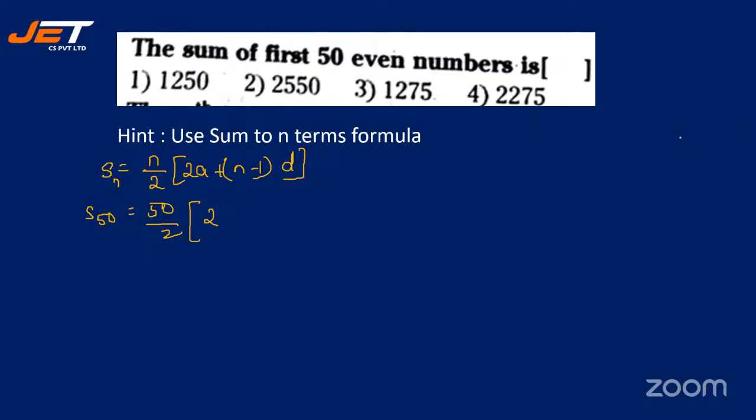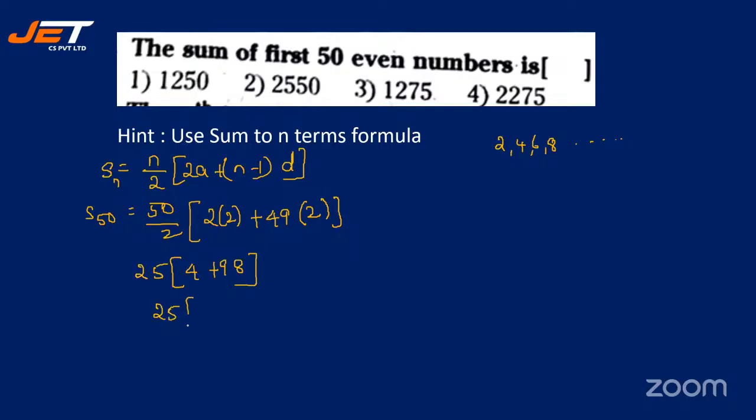So 50 by 2 into 2 into a. What are even numbers? 2, 4, 6, 8 and so on. So 2 into what is a? 2, plus n minus 1 is 49, into the common difference, 4 minus 2 is 2. So it is 25 into 4 plus 4 2s are 8, so 98. 9 2s are 18, 4 2s are 8 plus 1, 9.